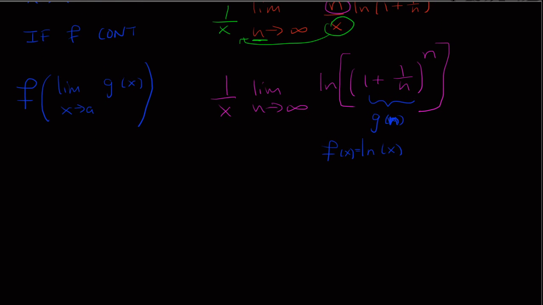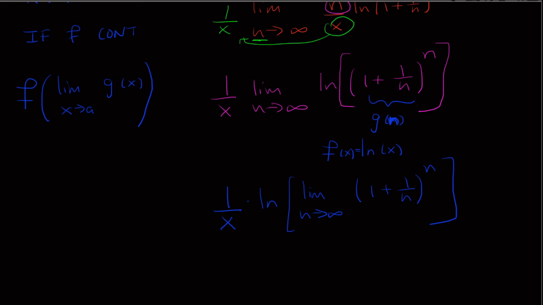And here, natural log is continuous, so as n approaches infinity we can pull it out. We have 1 over x, and then times the natural log of the limit as n approaches infinity of (1 plus 1 over n) to the n.